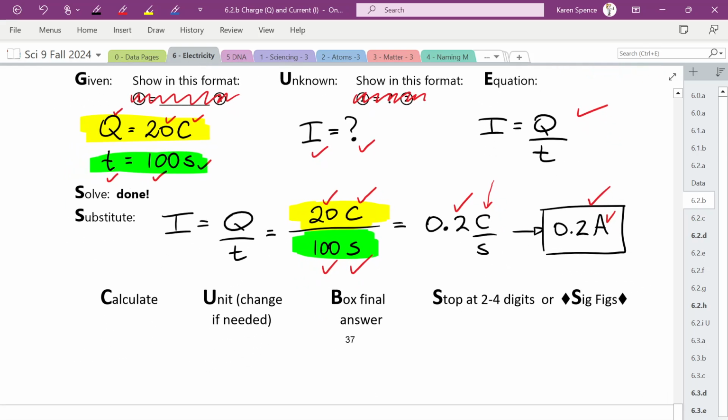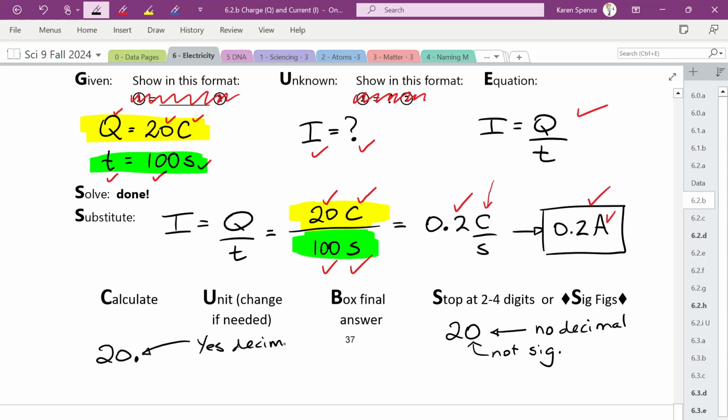If you're doing sig figs, the number 20 has no decimal in it. And this is the weird one. If there is no decimal in a number, zeros on the right are not significant. If I had 20 with a dot, if there is a decimal, then yes, significant.